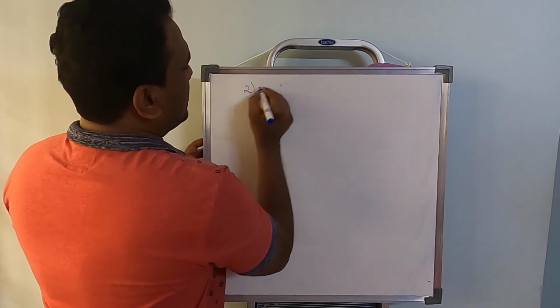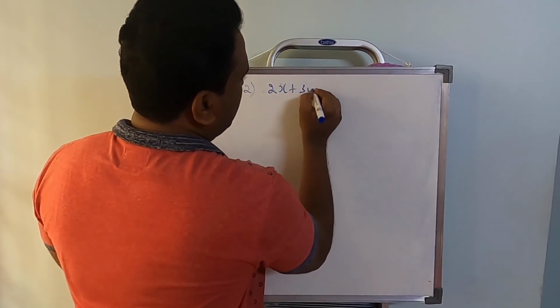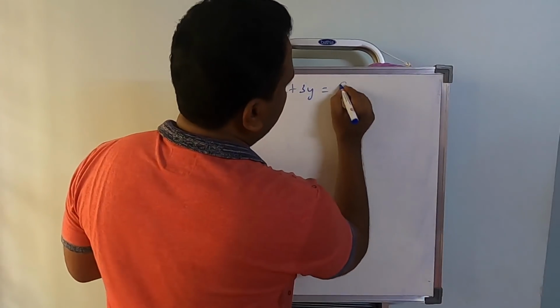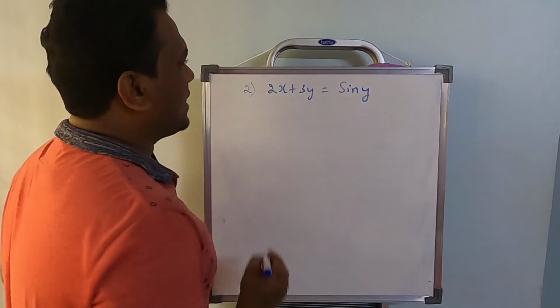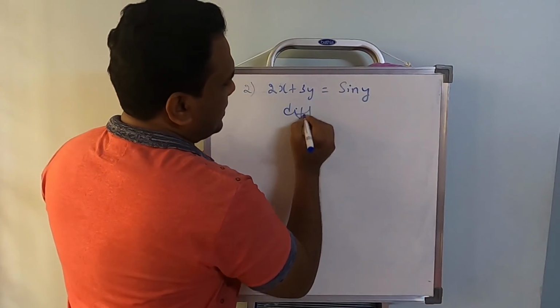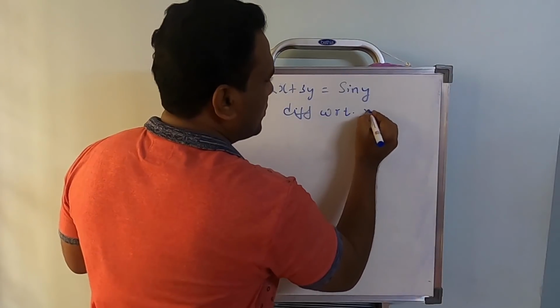So let's go to the second question. The second question is 2x plus 3y is equal to sin y. So let's differentiate this directly. I will just differentiate with respect to x.